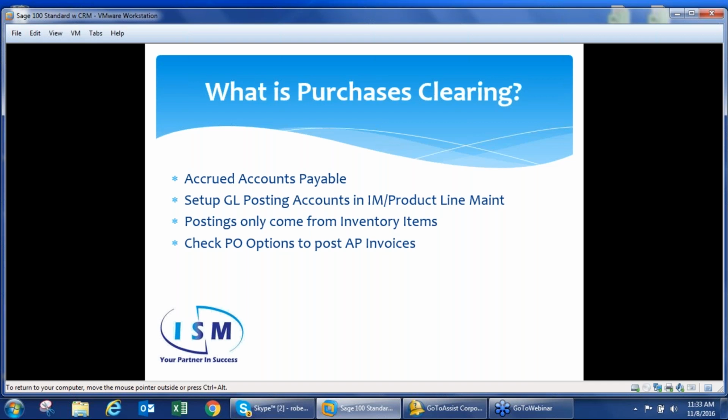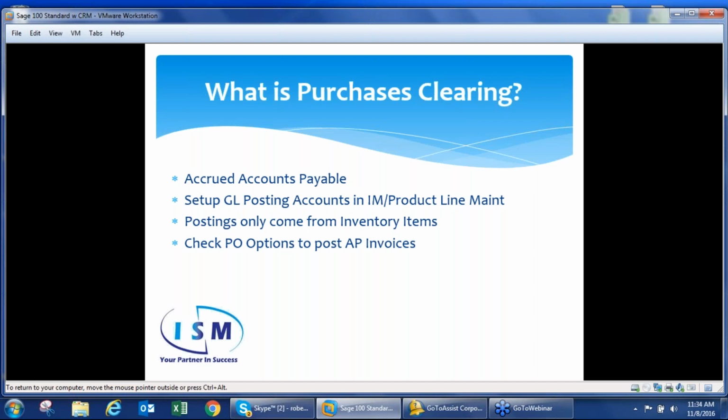But since we haven't received the invoice, we can't credit the AP account. So purchases clearing, or as I like to think about it, accrued accounts payable, is a liability account that allows our accounting system to balance.